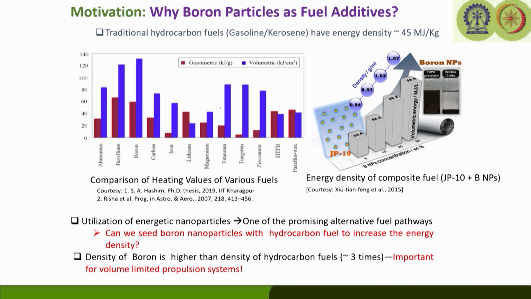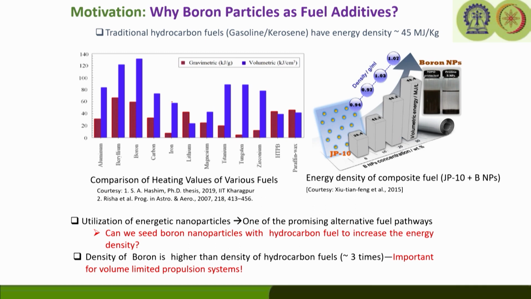If it is a propellant case, then it is going to act as fuel, because if you recall the ingredients for solid propellant, we have said that metal particles are going to be used as fuel, whereas HTPB or polymeric binder will just be the binder. So, boron can be the fuel for propellant, or if you use it in a liquid fuel combination, then it can be a fuel additive.